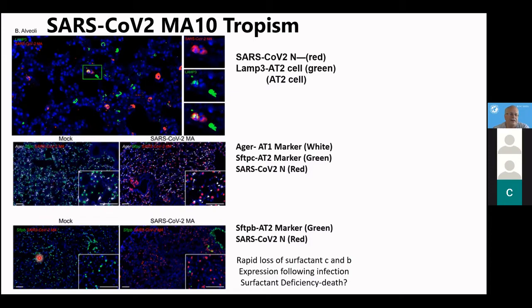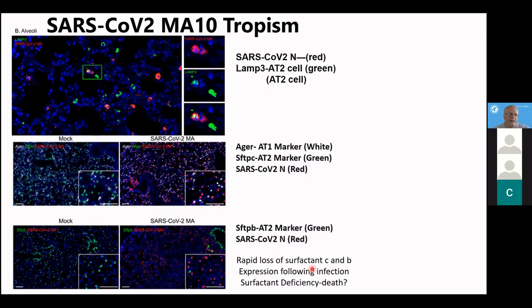C is in green here for surfactant, B staining is green here. Red is virus infection. You can see all the green disappears, mostly from the parenchyma of the cell, although the AT1 cells are saved. And so we think this results in rapid surfactant C and B loss.